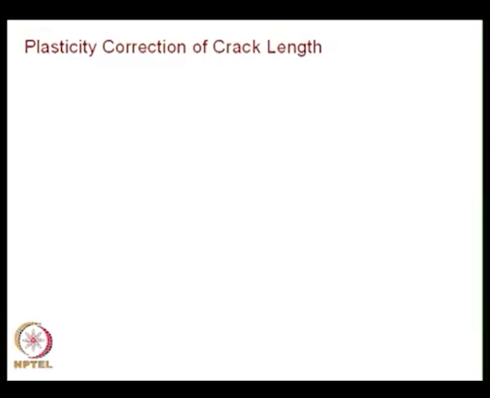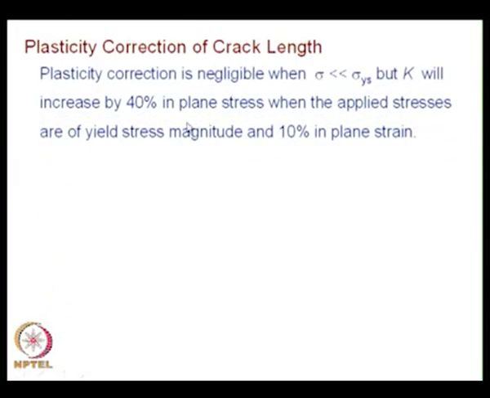See, what is important at this stage is the influence of correction of crack length. I have already mentioned that when the applied stress is far below the yield strength of the material, plasticity correction is negligible, because we have seen in all the expressions a ratio of sigma by sigma ys appearing.